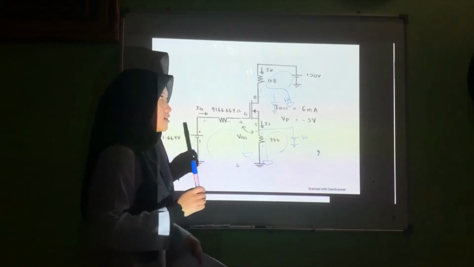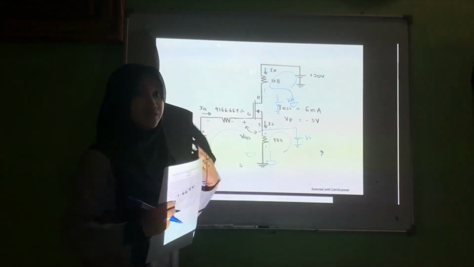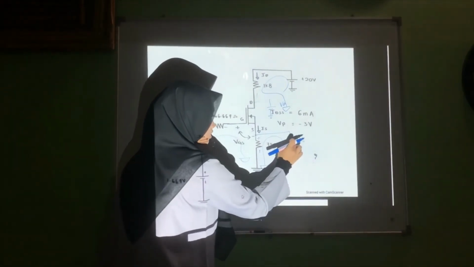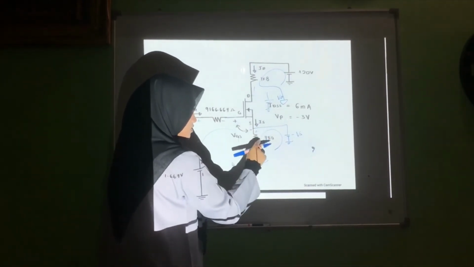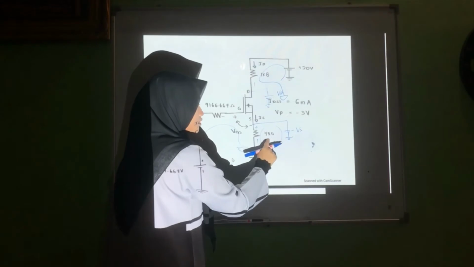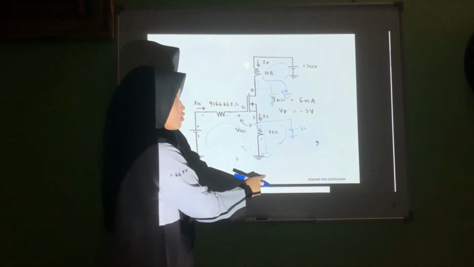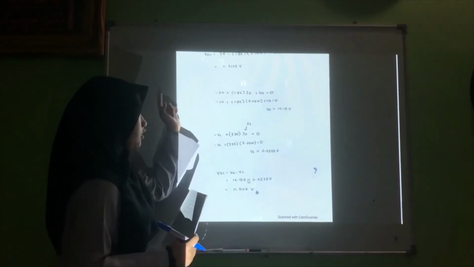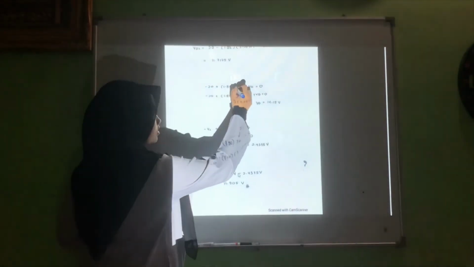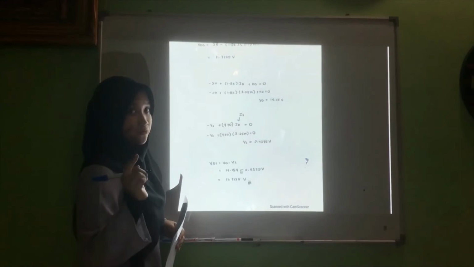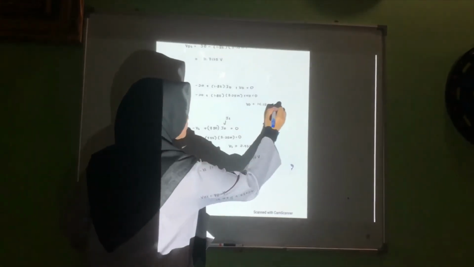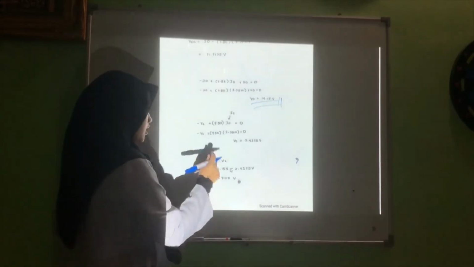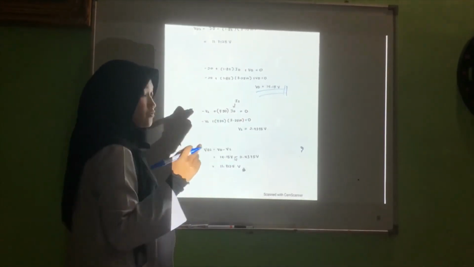That is the equation to find VD. Then for VS, negative VS plus IS multiplied with 750 equal to 0. We know that ID is 3.25 milli, so this is the value of VD.